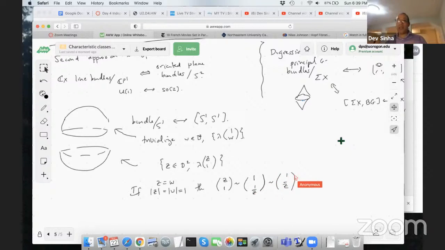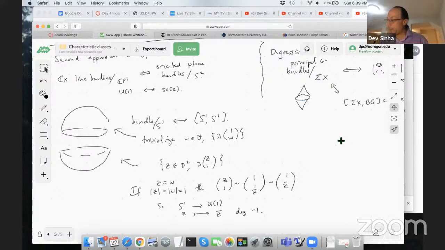So the identification is through complex conjugation. And so the way I'm going to look at this is that Z is going to go to Z bar. And so that's degree -1. So again we see that somehow naturally there's a -1 here.